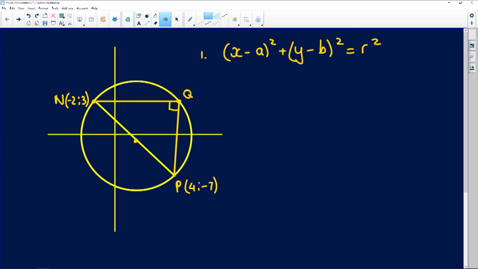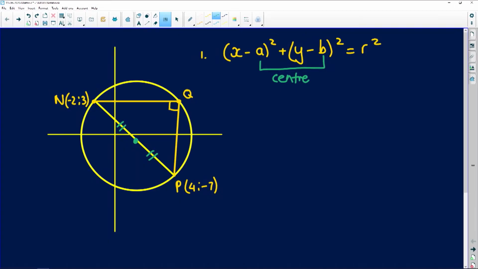Okay, so let's see. The detail here is that that is the center of the circle, grade 12s. So the center of the circle has been located here, and it is the midpoint of the chord or the diameter NP. So immediately we know that we have to apply our midpoint formula to find the center. So let's do that.